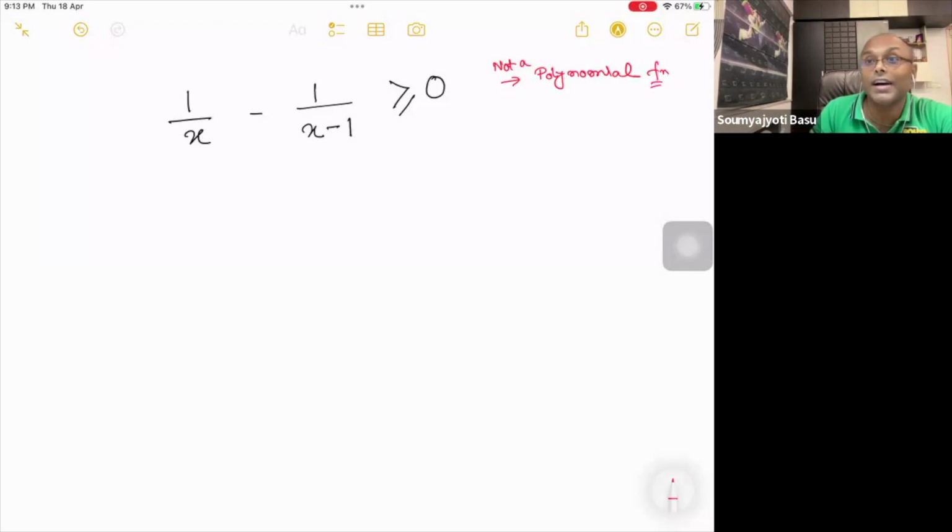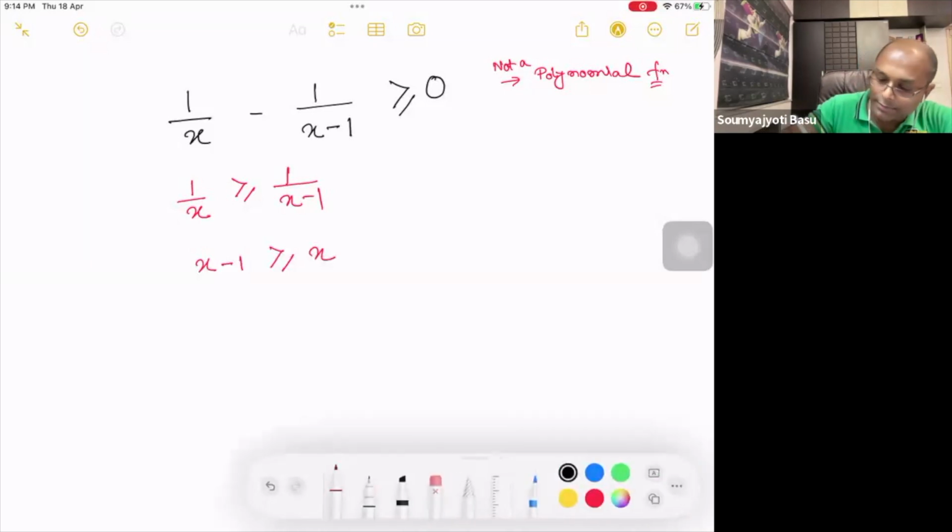So what was the first step that we are supposed to do? We have to convert this algebraic function into a polynomial function. You might have started doing it in this way. I can write this as 1 by x greater than equal to 1 by x minus 1. That's a very simple step, right? Then you might have tried doing something like this. x minus 1 greater than equal to x. How?